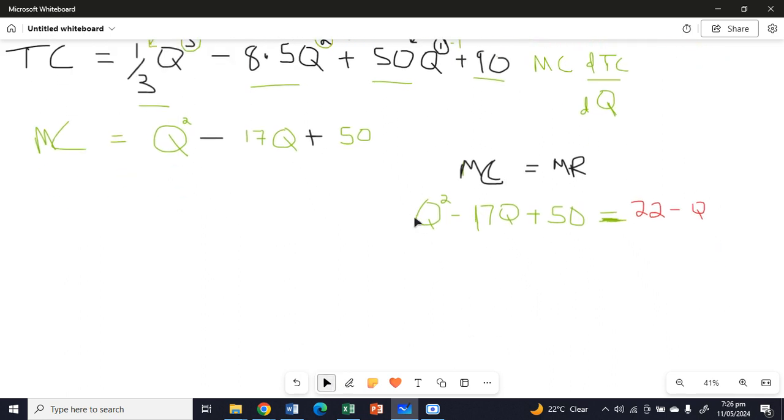Since we've got a nice quadratic equation here, these in red we're going to cross over the equal sign. So we're going to have q squared minus 17q, and this negative q here, we take it over the equal sign so it becomes positive.